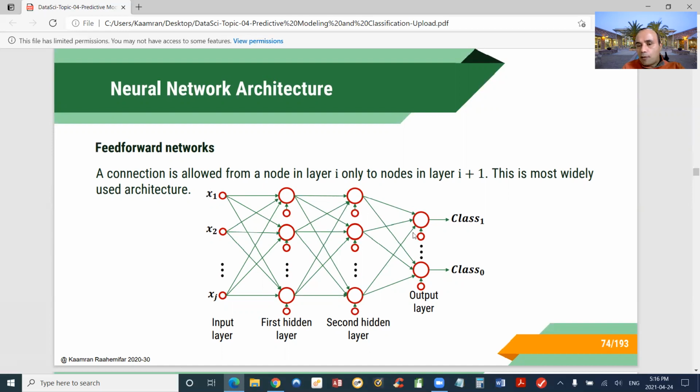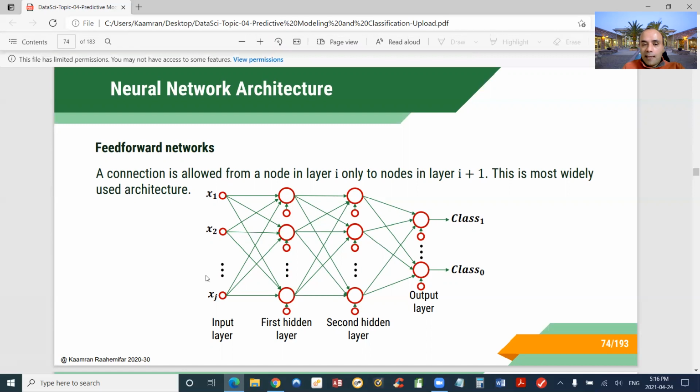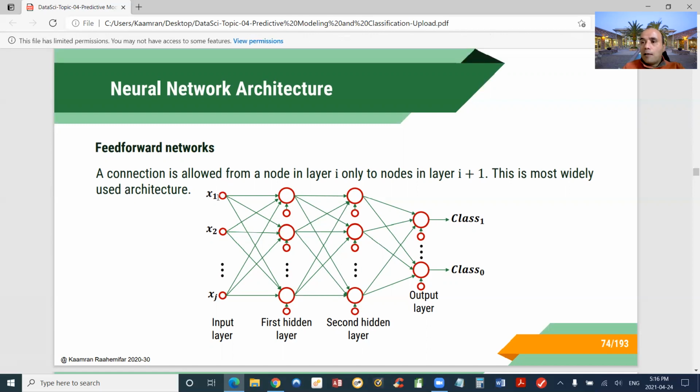Then you put them in, and you get to class 1 and class 0. What are they? If you remember, we talked about yes and no many times. So this is going to be class 0, for example, no, and class 1, which could be yes. And these are going to be the incoming data. You need to make sure these are expressed as numbers, because a neural network doesn't necessarily work with categorical data.